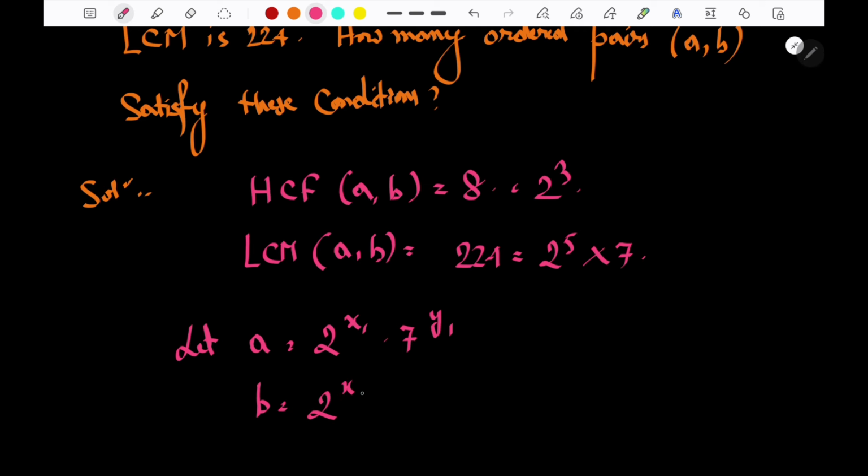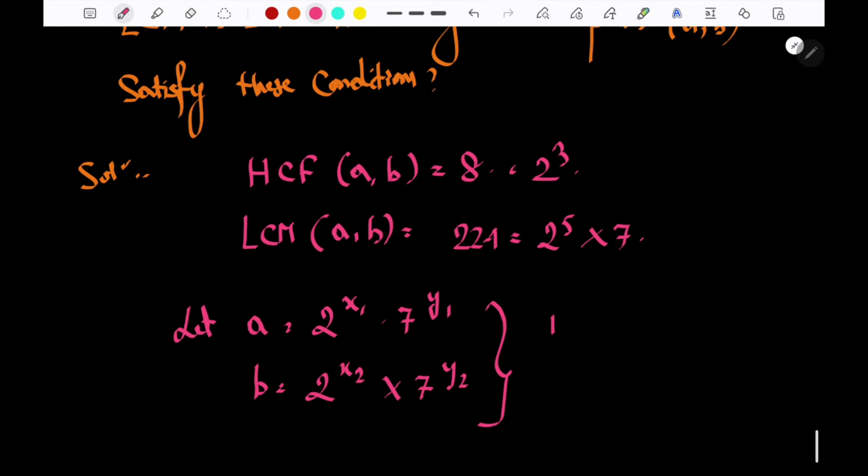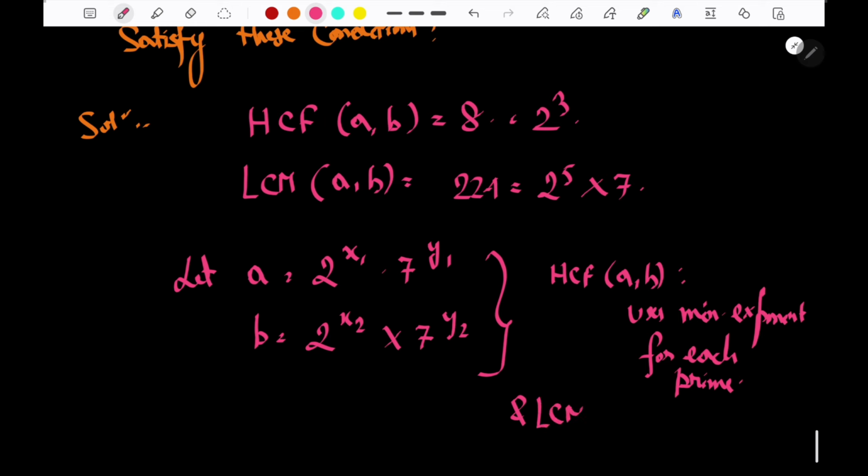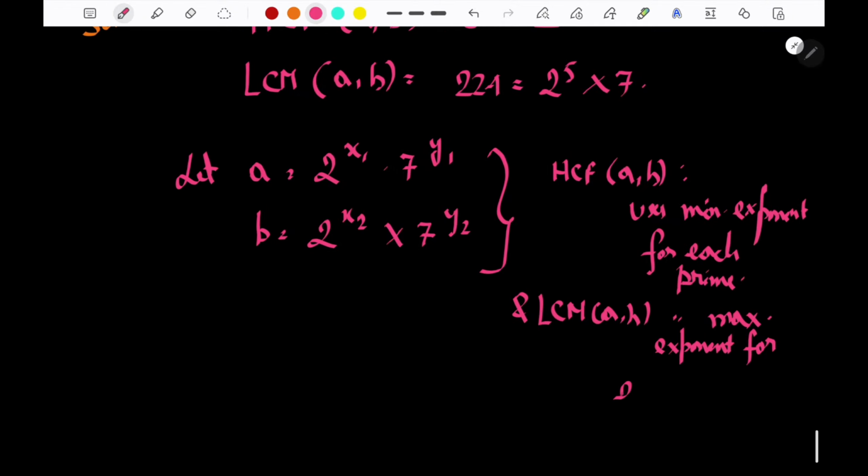And b is equal to 2 to the power x2 into 7 to the power y2. Now HCF of A comma B uses the minimum exponent for each prime, and LCM of A comma B chooses the maximum exponent for each prime. So one takes maximum, another takes minimum.